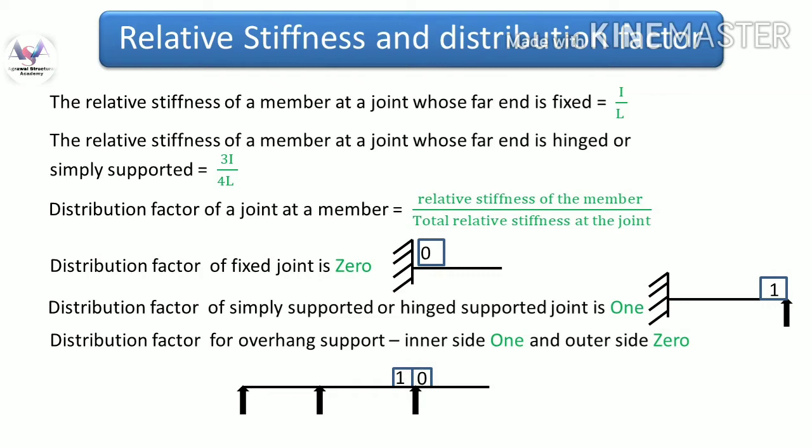So these three standard values are with us: when the end support is fixed, DF is 0. When the end support is simply supported or hinged, the DF is 1. And in case of the overhang, inner side always is 1, outer side always is 0.